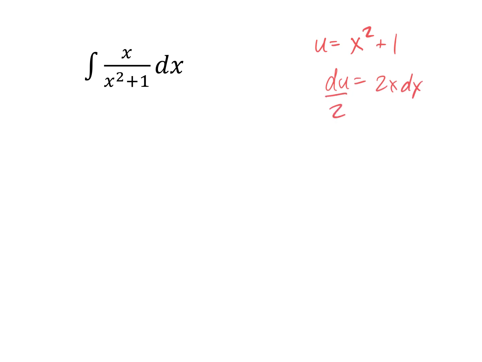So du over 2 is equal to x dx. So I have a 1/2 times the integral of the natural log of u du. That's just 1 over 2 times, oh wait, isn't it 1 over 2? Oh, you want to do the opposite. Yeah, it does, but if you put it on the inside, it's fine.